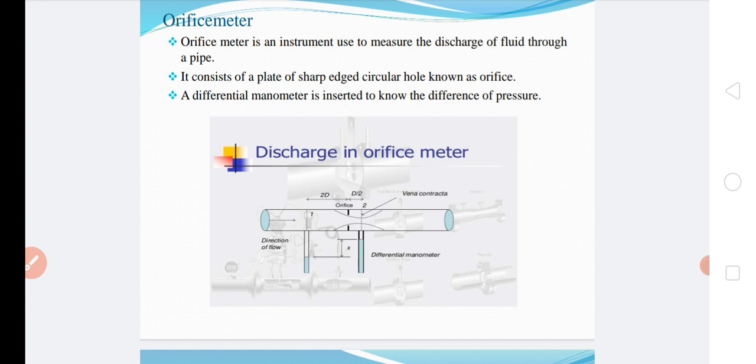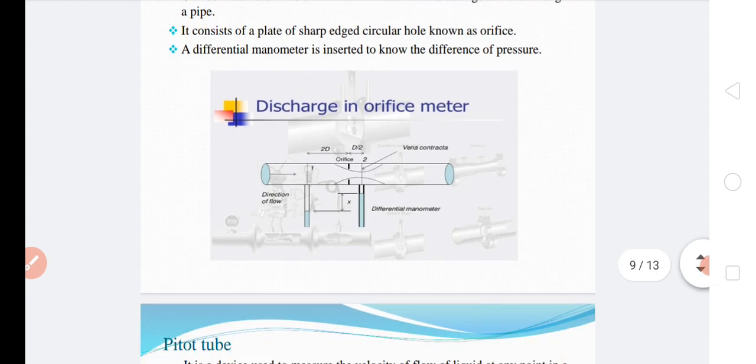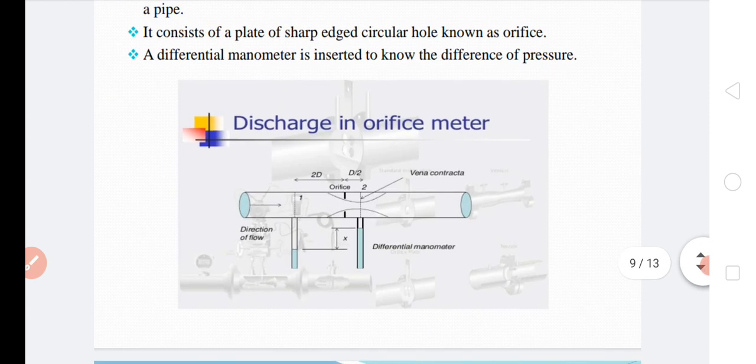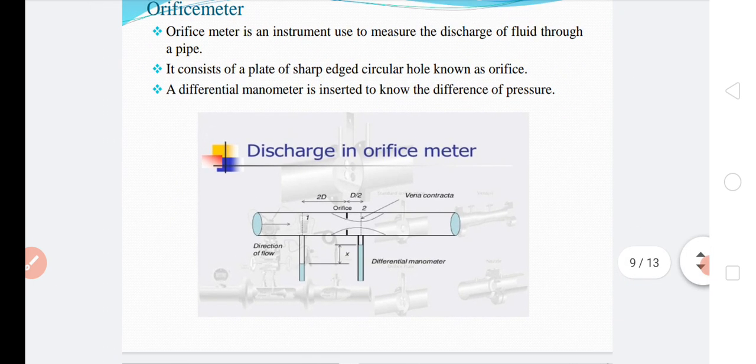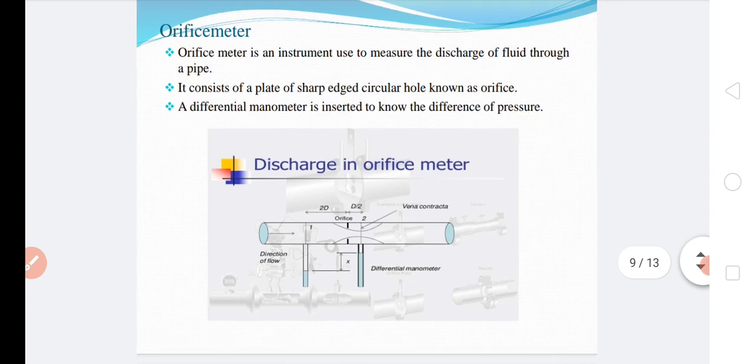In this arrow the vena contracta is shown. Now, from this figure we can easily calculate and find out the discharge of the orifice meter.